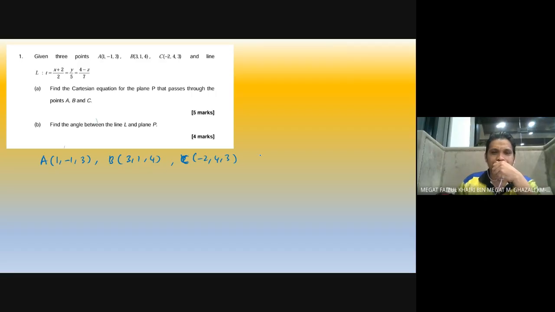And there's a line L in this equation, (x + 2)/2 = y/5 = (4 - z)/7. Let's change this into the form of a vector line. I can't remember which one is Cartesian and which is the other form. We're going to write it in the form r = the coordinate of A plus scalar t with a vector v.